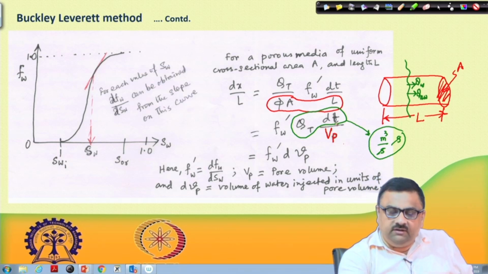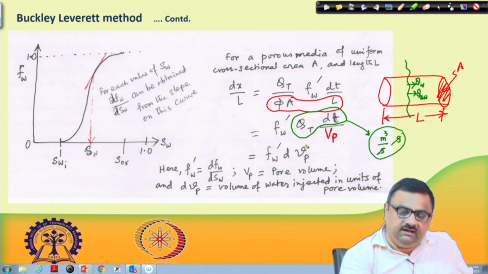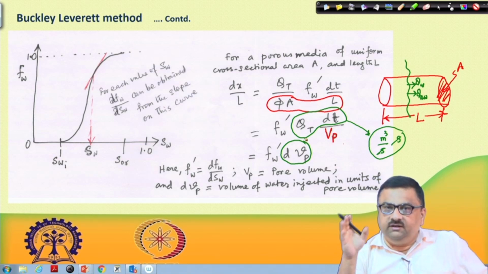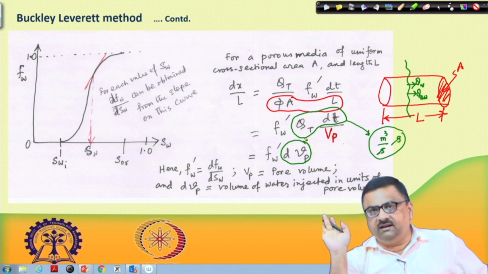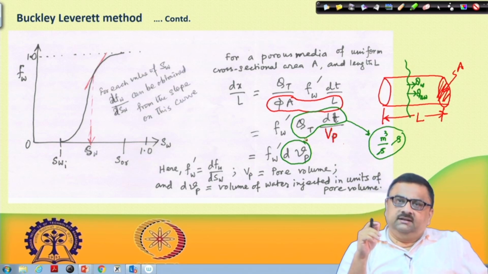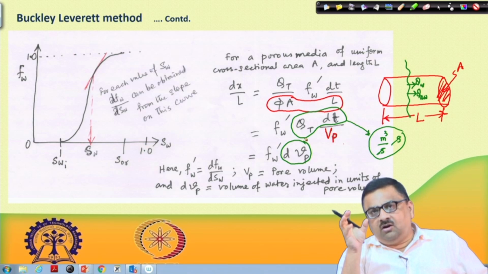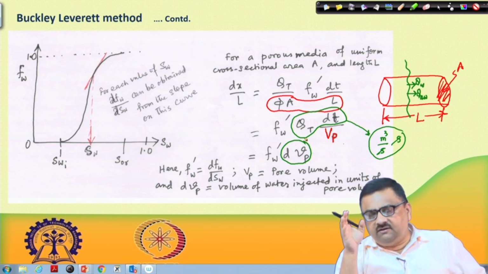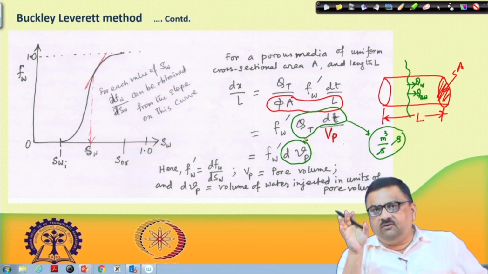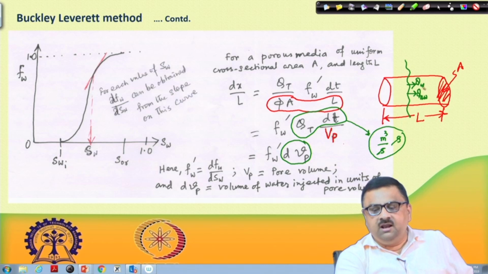Now if we divide it by the void volume, what does that mean? We are writing it as dVp. Say I have flowed 100 milliliter of fluid at a particular location over a certain time through this porous medium.